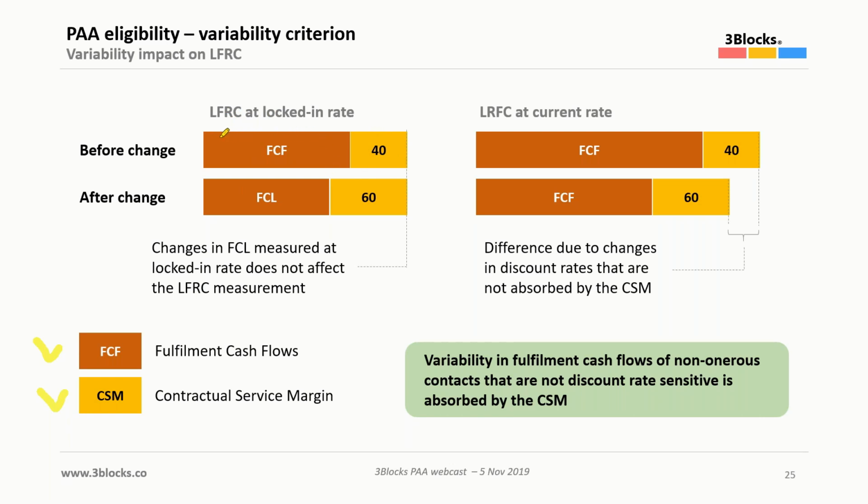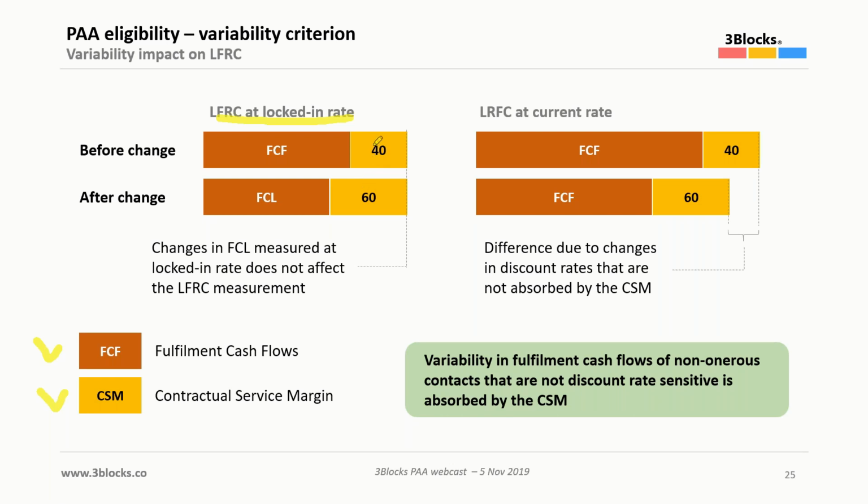The first thing to realize here is that LRFC measured at locked-in rate is really not impacted by fluctuation in fulfillment cash flows in case of non-onerous contracts. This is because, as I said at the beginning, CSM absorbed this fluctuation.